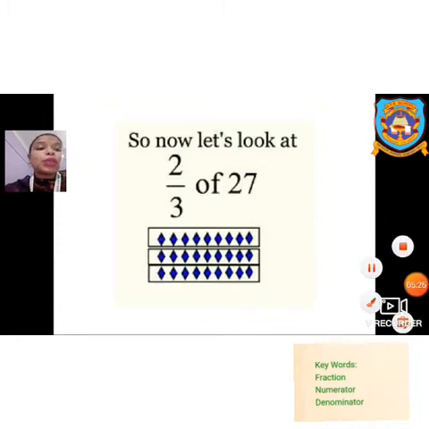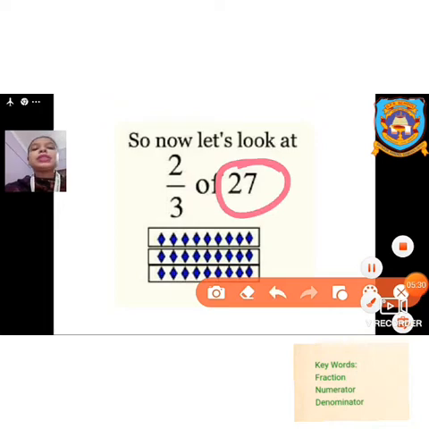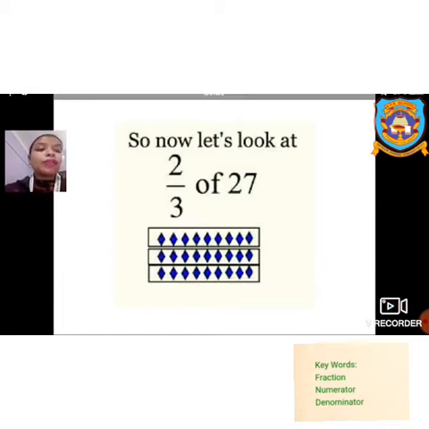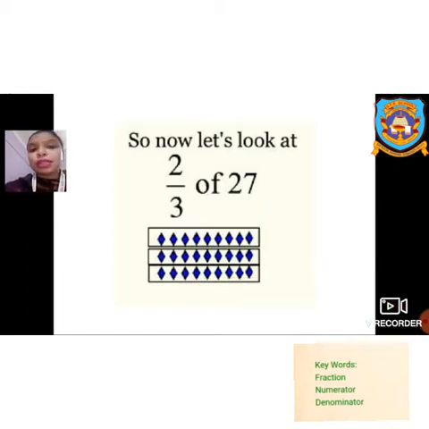It is 27. Now suppose, children, out of 27 you have taken 2 by 3 of the diamond shaped figures. It has been given in fraction, 2 by 3 of 27. Out of the 27 figures you have taken 2 by 3. Then what will be the value in real terms?